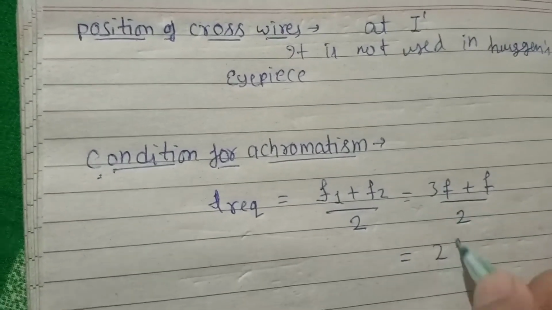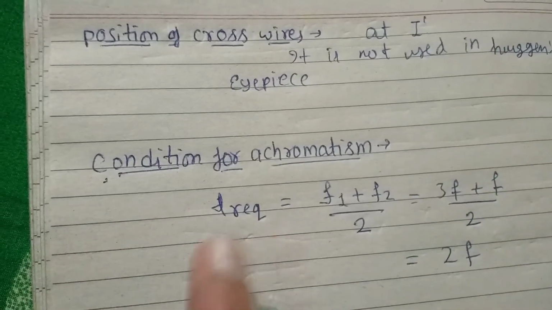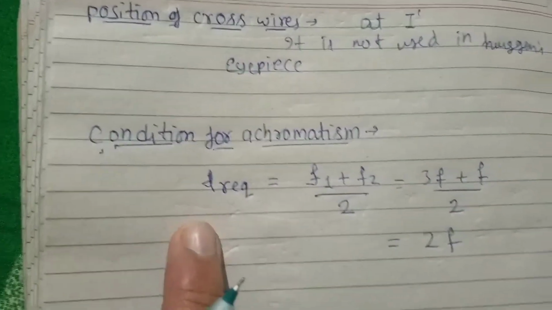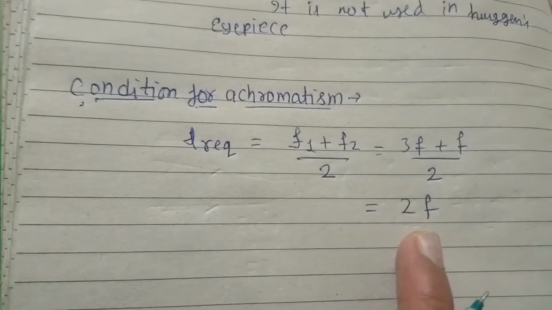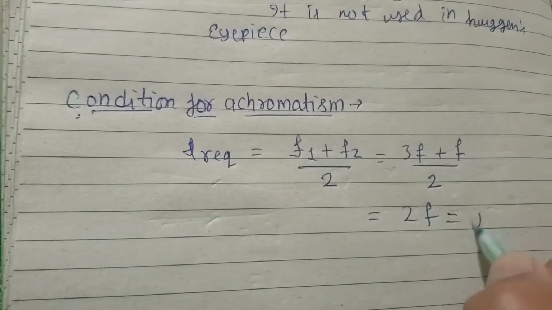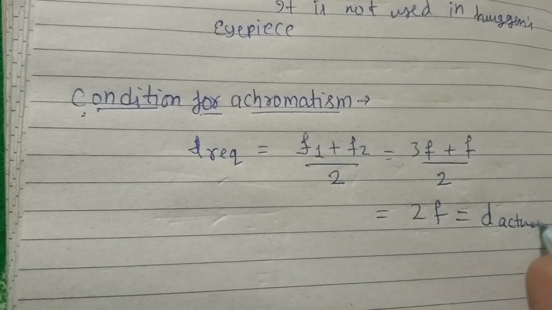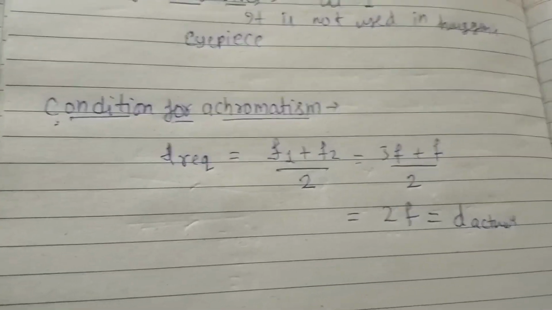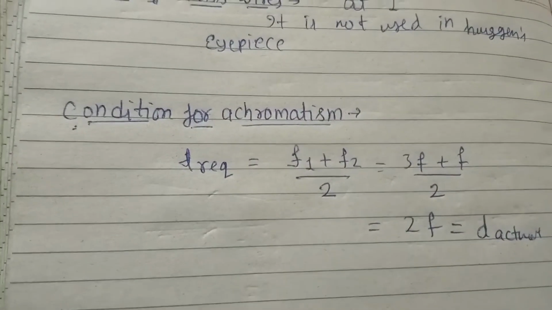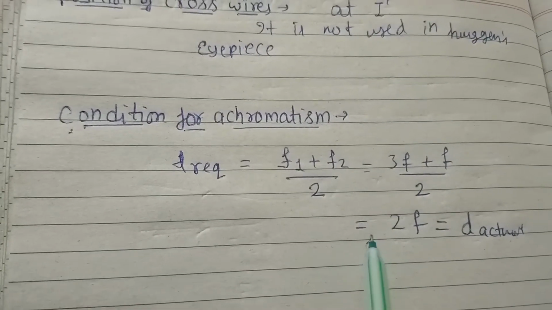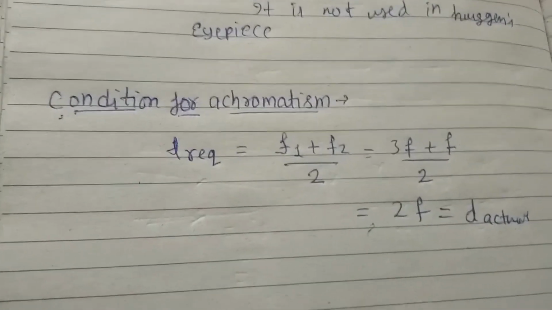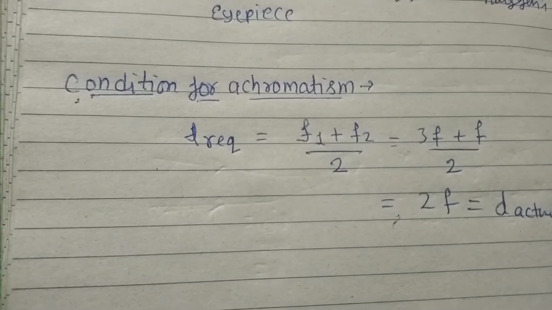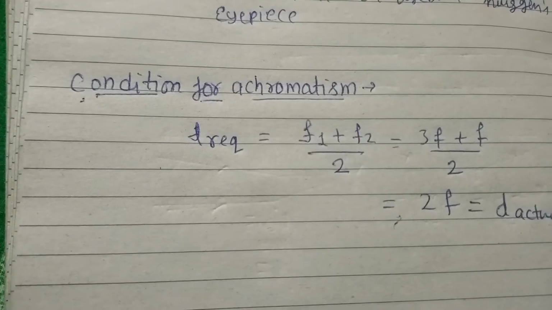So here 2f, the required distance between both the lenses must be 2f, that is in our case actual distance. We have already taken the distance of separation between the two lenses as 2f. So d required is equal to d actual, and by this condition the achromatism would be satisfied.